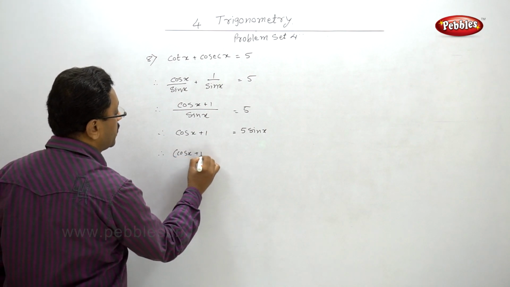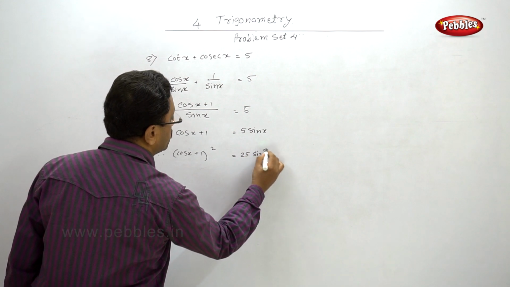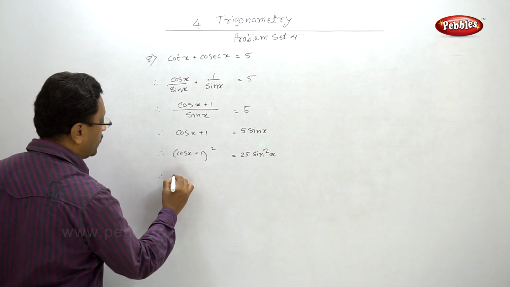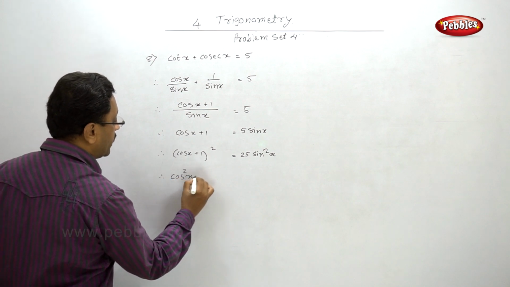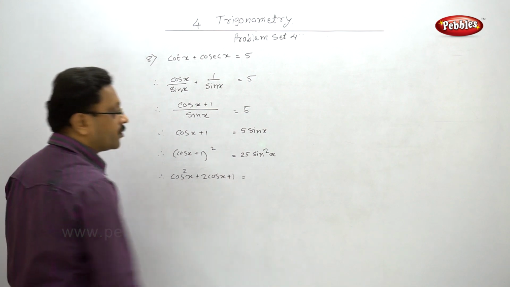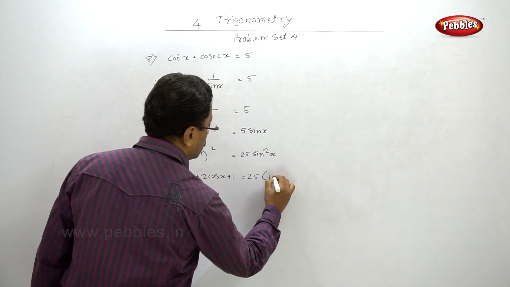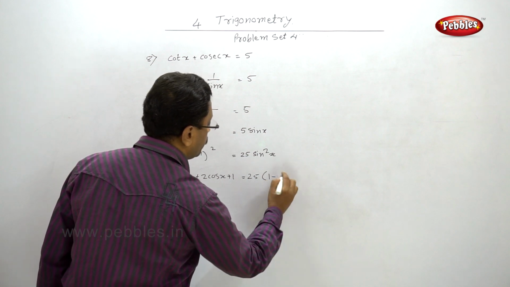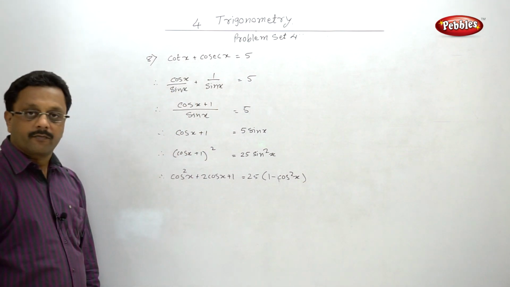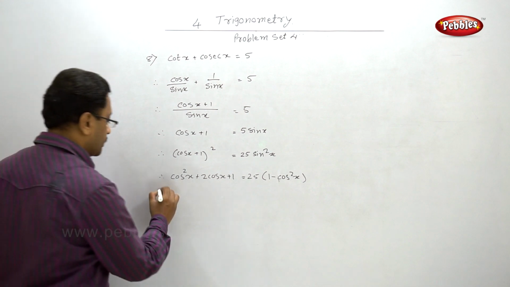So (cos x plus 1) square is equal to 25 sin square x. Now I expand this bracket: cos square x plus 2 cos x plus 1 is equal to 25 into (1 minus cos square x), because sin square is equal to 1 minus cos square x.